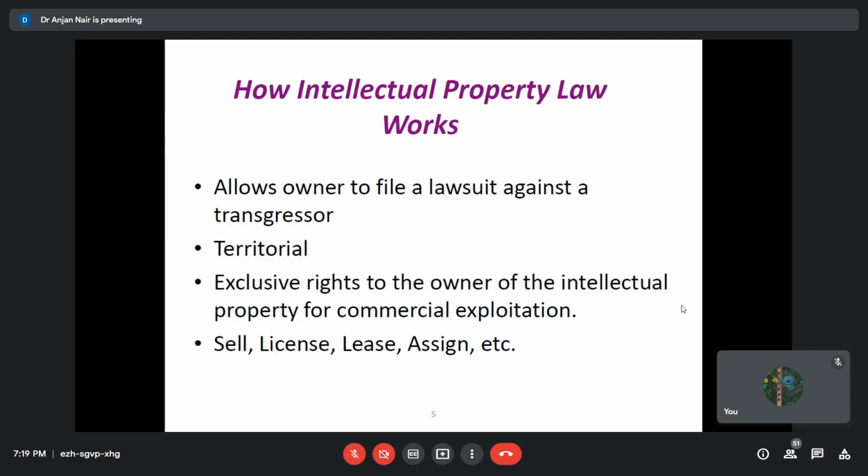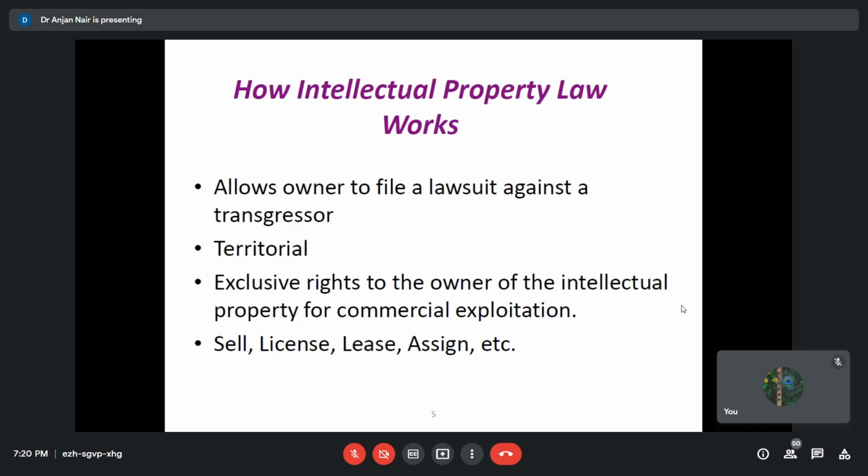Okay, and what's the benefit of getting an IP is you are given the sole ownership of that intellectual property for commercial exploitation. Like you can sell, you can license it, you can lease, you can assign it to somebody. So these are the advantages. So always keep in mind that all IPs have a commercial aspect also. Generally we say, what are the ways of making income? Most of you might say it is by getting a job and getting a salary, but IP is also another source.